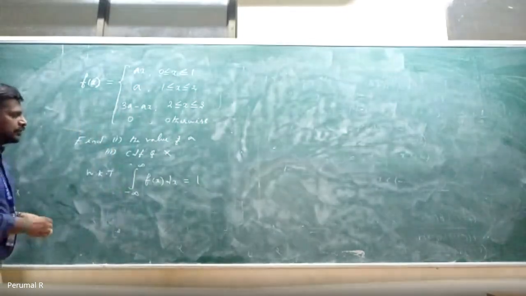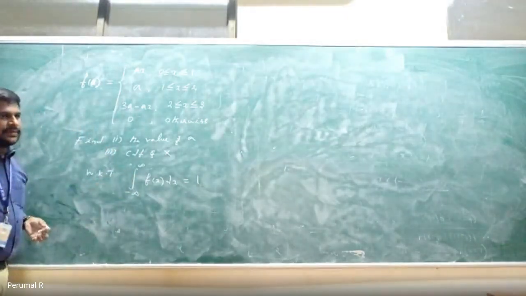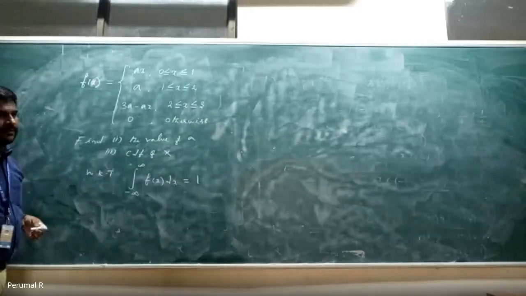So how to split up that interval? Minus infinity to infinity. Minus infinity to 0, then 0 to 1, 1 to 2, 2 to 3, and 3 to infinity. Very good.